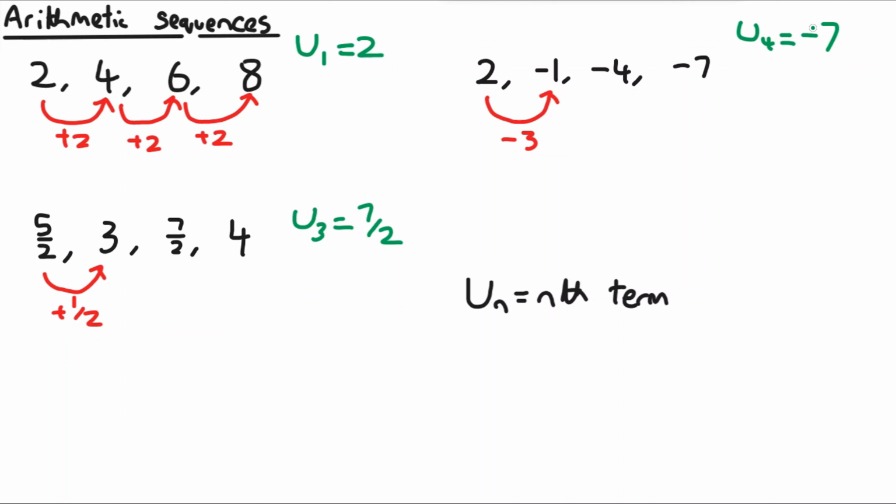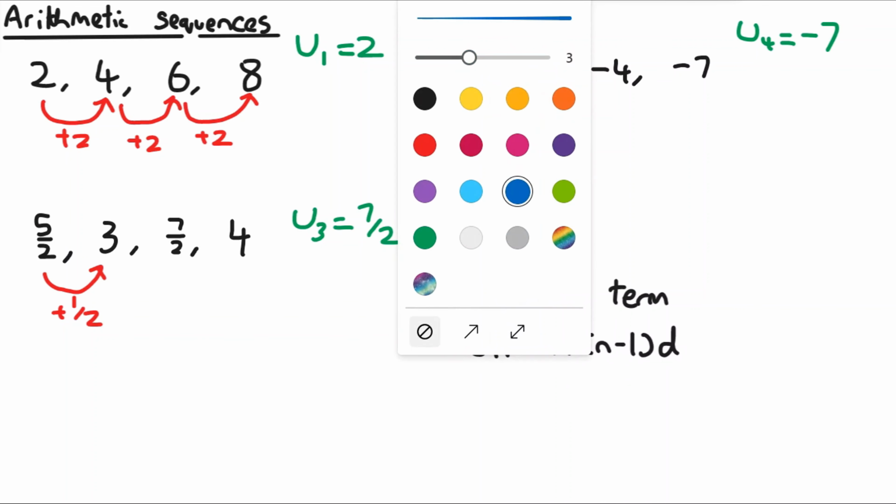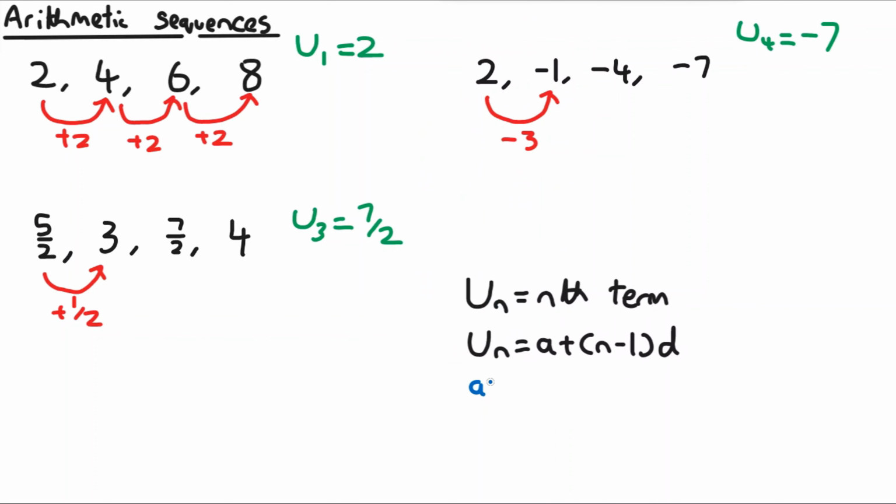Now, for an arithmetic sequence, there is a formula for finding un for any sequence and for any value of n, and it is un is equal to a plus (n minus 1) d, where a is the first term.